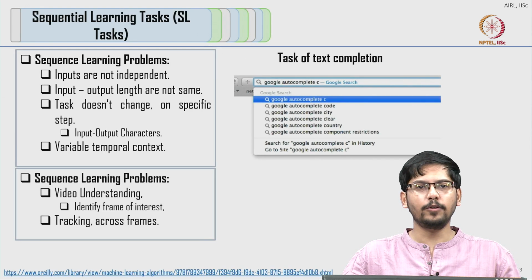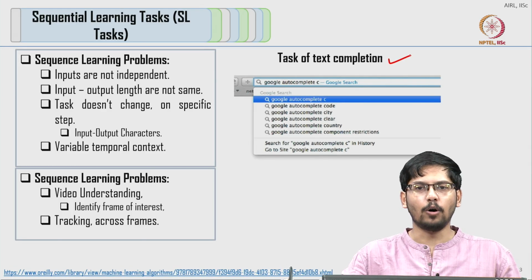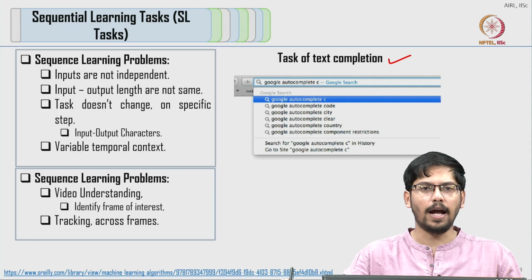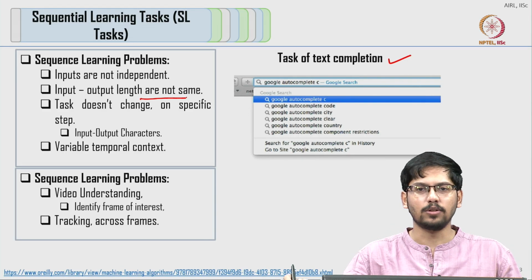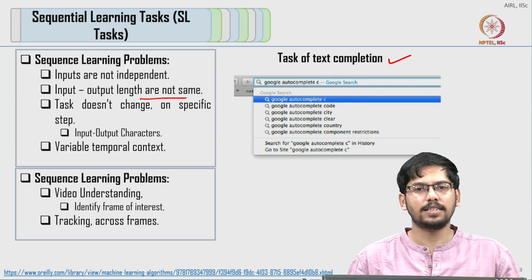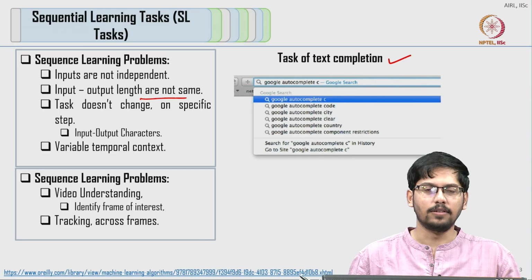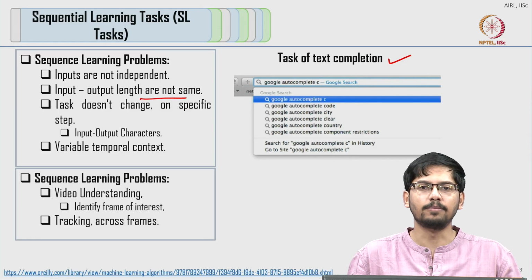Now we have reviewed the sequential learning problems where we saw this particular example of task completion. We observed that the inputs and the outputs are not always of the same length, so they have a variable temporal context. However, for each of these inputs and outputs, the task essentially remains the same.